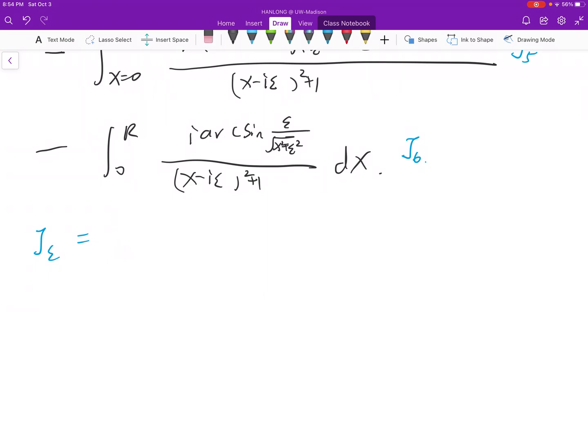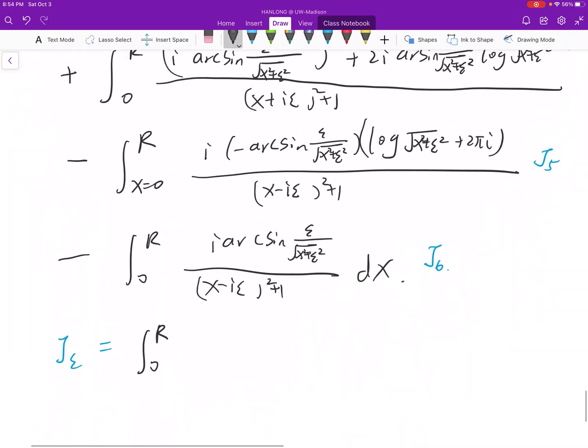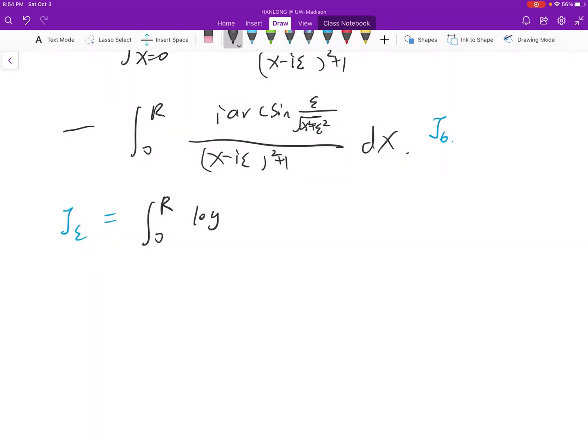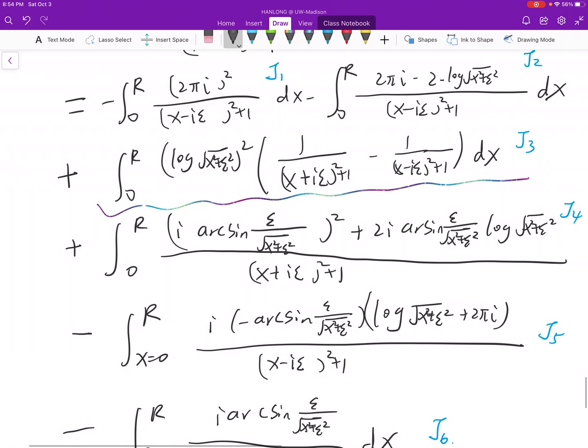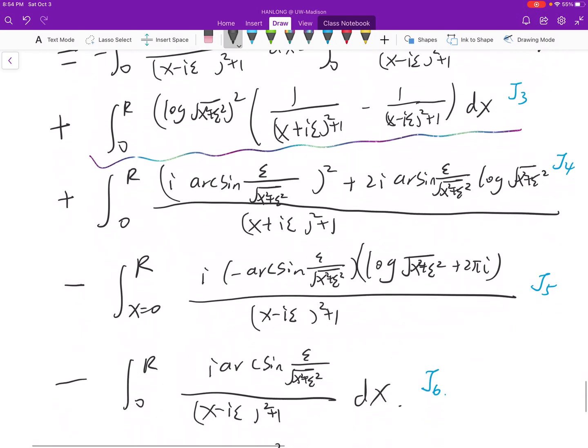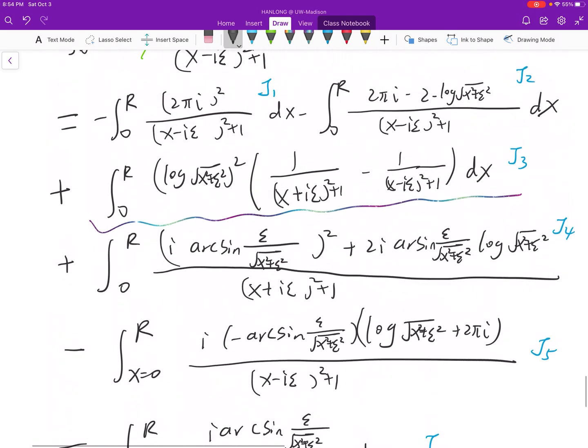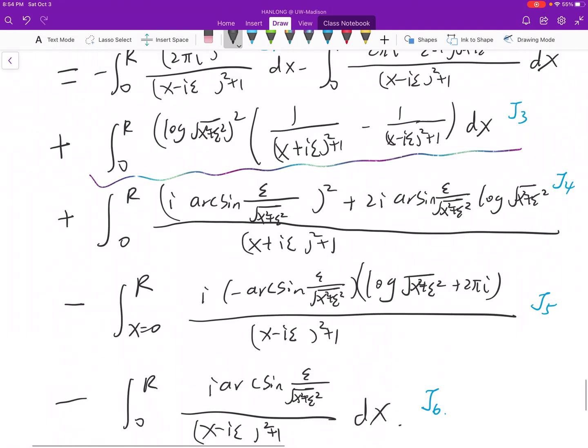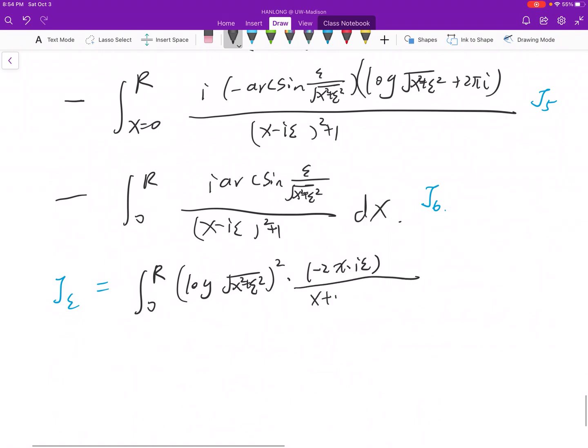It's integration from 0 to r of log square root of x squared plus ε squared, times, so when you do subtraction, you have negative 2xiε divided by (x plus iε) squared plus 1 times (x minus iε) squared plus 1 dx.